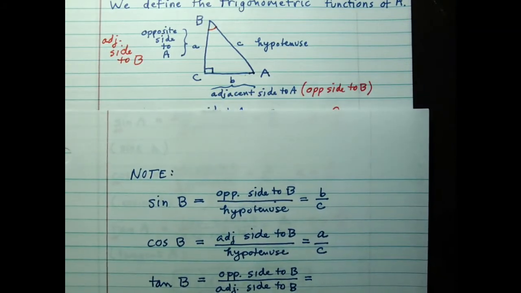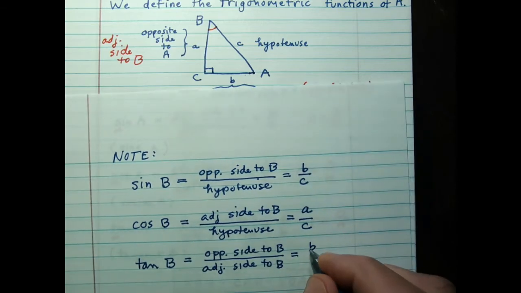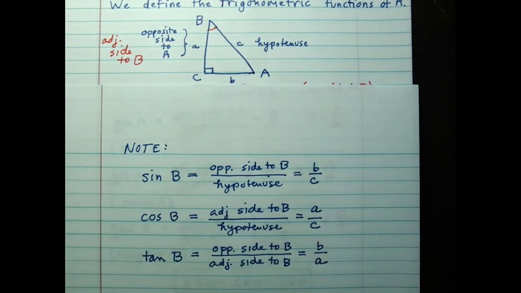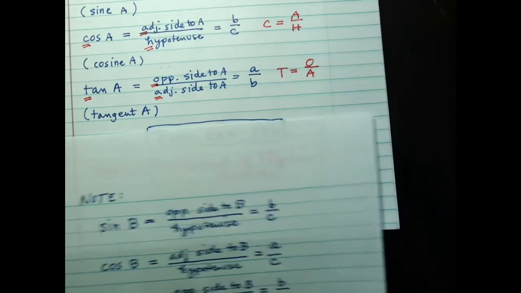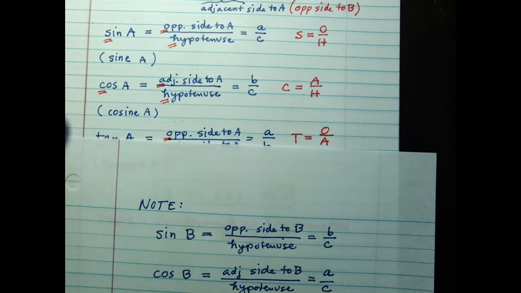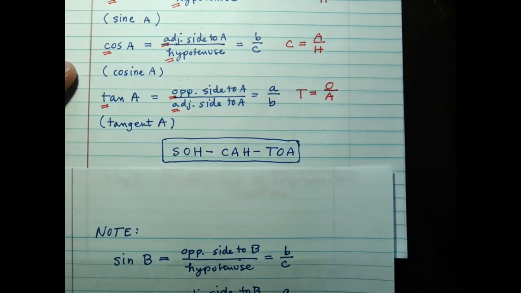So the opposite side to angle B is little b. The adjacent side is little a. So there are the trig functions defined for the angle B. So just think about how they come out different for A and B, and yet we still use Sohcahtoa to help us remember this.